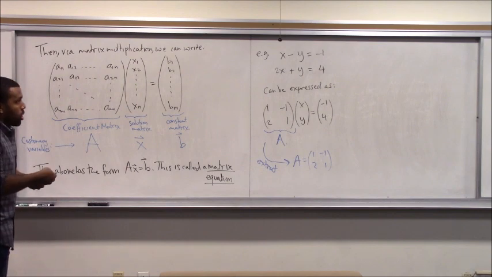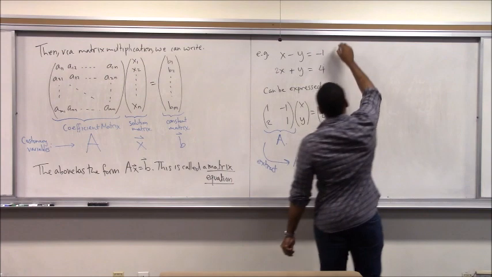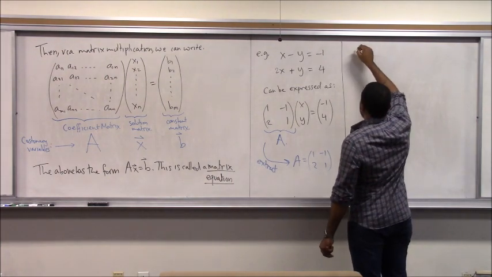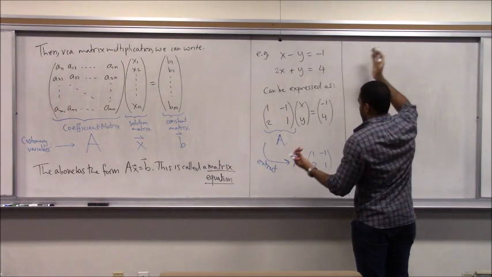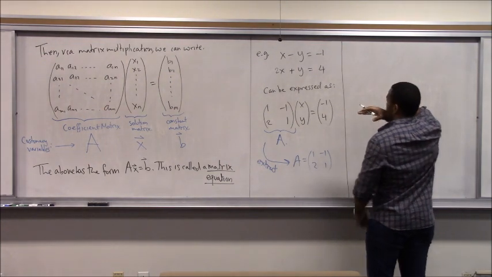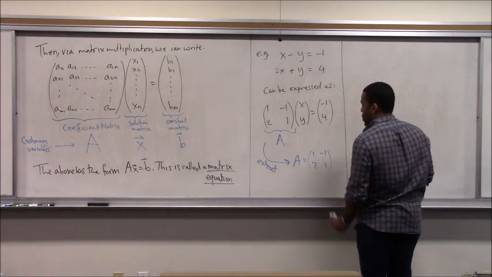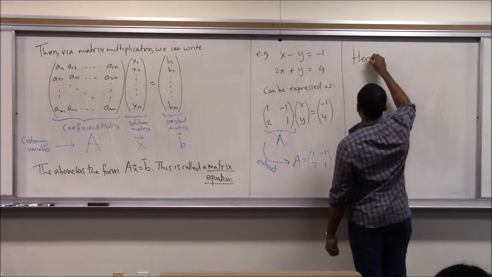I'm going to show you one way to solve a system, and we're going to look at another way in the next section. Now, hopefully all of you know how to solve a 2 by 2 system from the previous class. But we're now going to look at matrix methods of solving a system. Here's one way to solve a system.